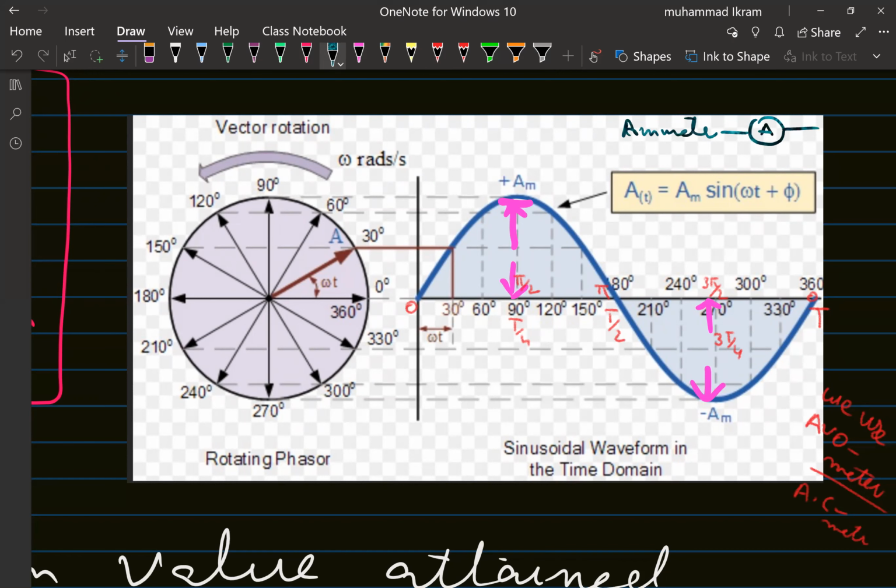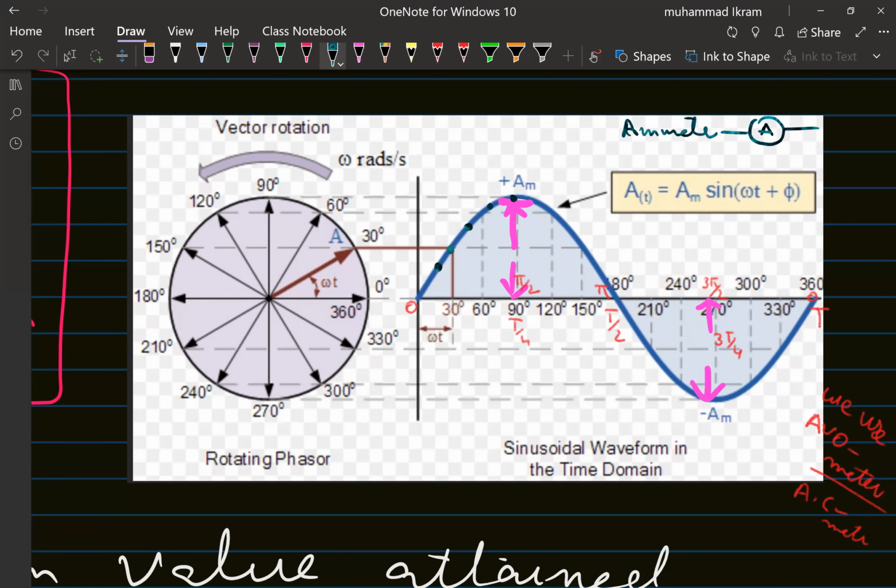We don't know whether the meter will read this value, or this, or this. It depends on which stage of its motion the coil of the generator is passing through at that instant of time where you measure the current. So that is the bigger problem.